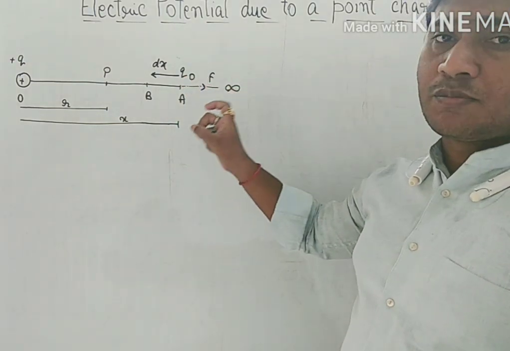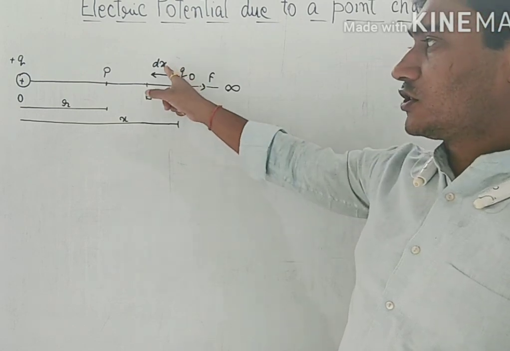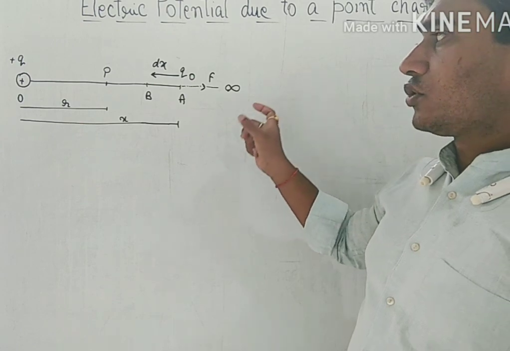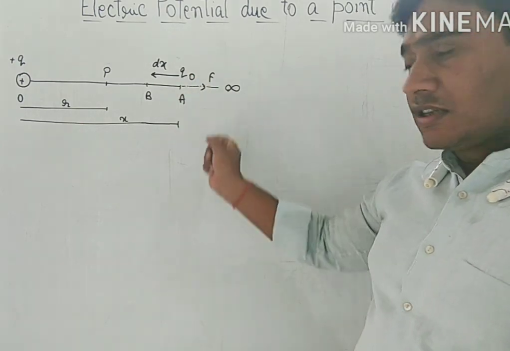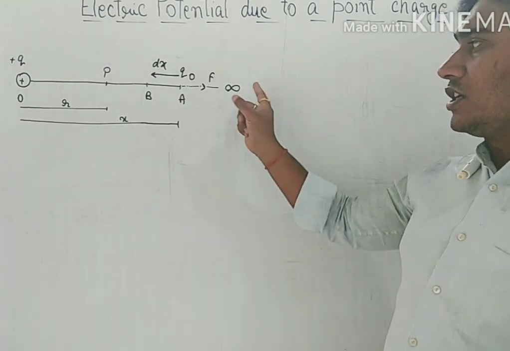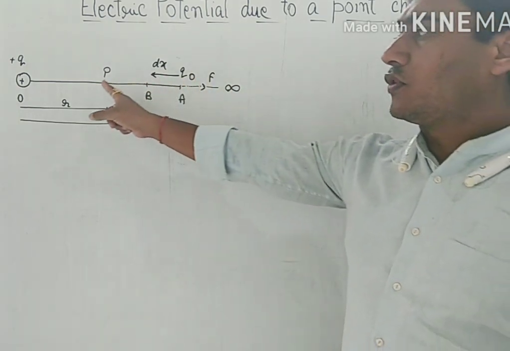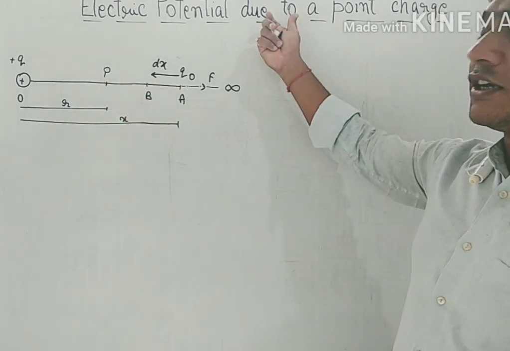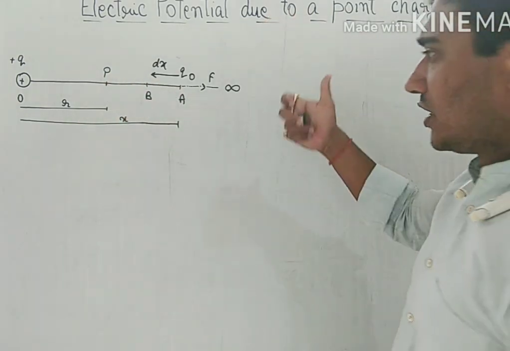So what is the amount of work done to produce this displacement? That will be calculated, and later on, integrating that small amount of work done, taking the limit from infinity to finally r, we can have the desired expression. So let's begin.